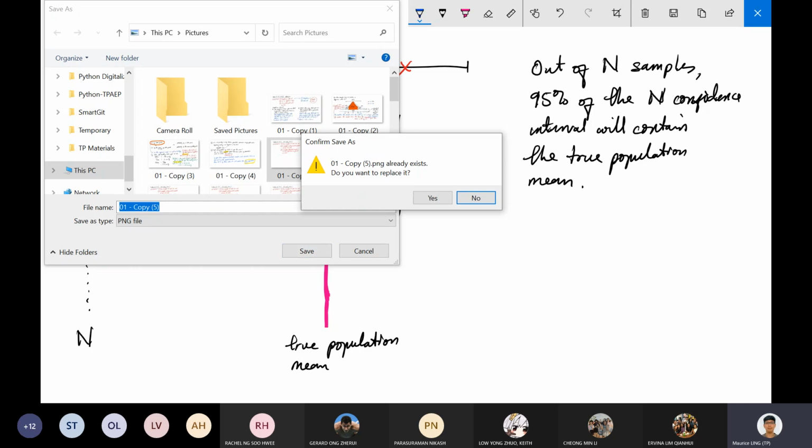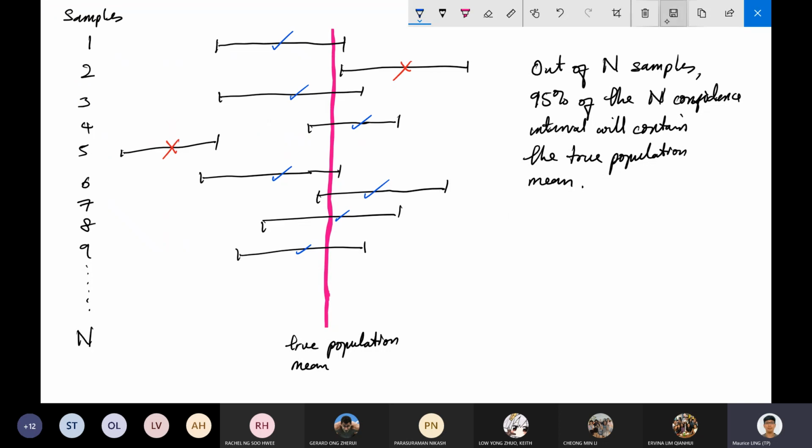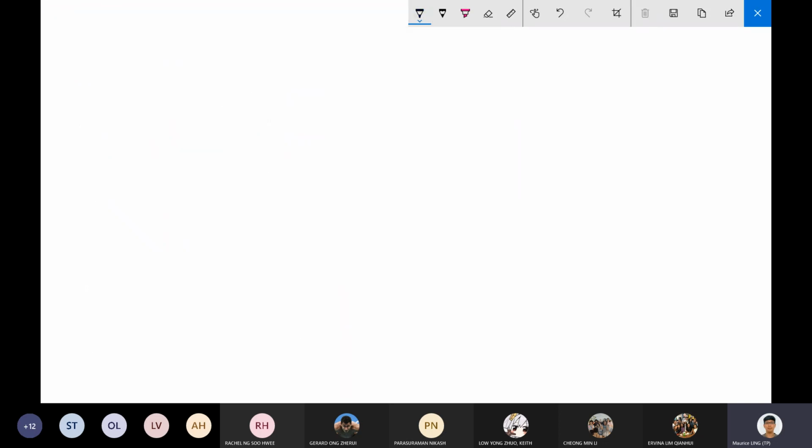Okay, so with that done, let's go to question number 4. You have a random sample of 70, and you survey the number of hours that you sleep. The mean is 7.1 hours.